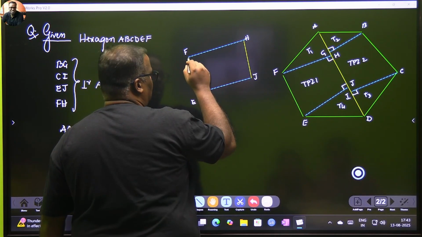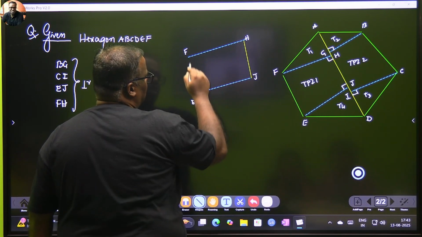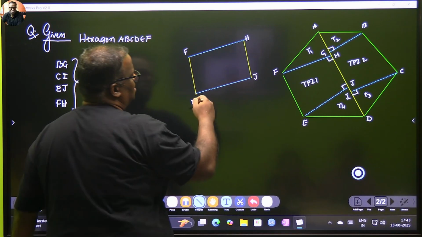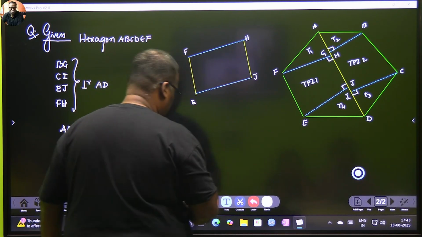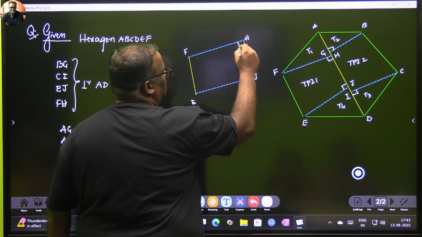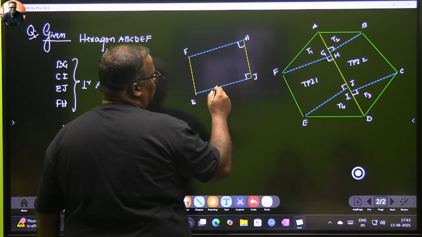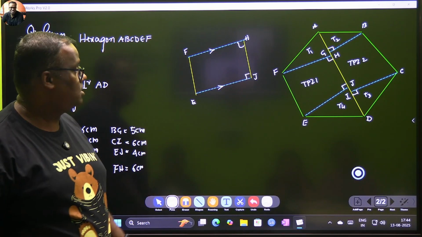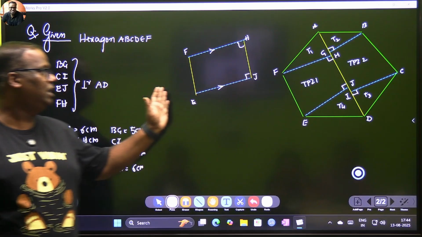On this side, I'm deliberately making it in such a way that this may or may not be parallel. But one thing is for sure, this is 90 degrees, and this is 90 degrees. If these 2 are perpendicular, then this is parallel to this. Although you might be looking at it like a rectangle, it's not a rectangle.